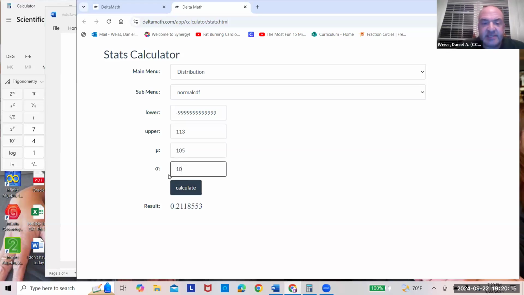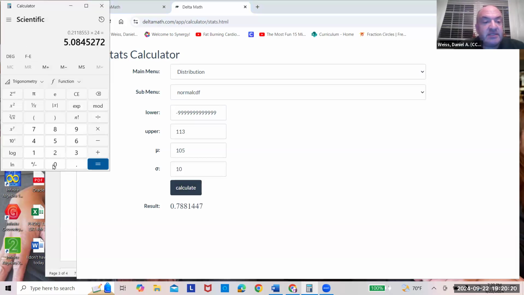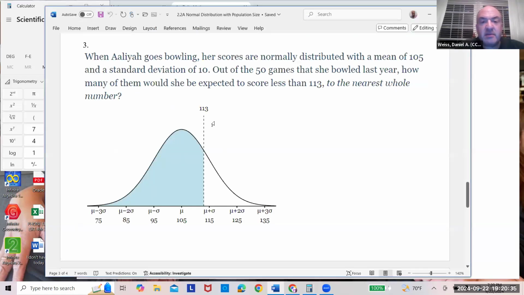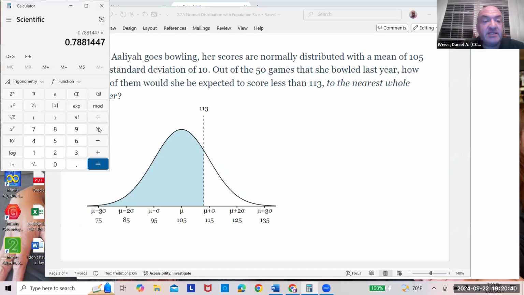We click calculate and we get 0.78814447 times how many are we dealing with? Out of the 50 games. So it's times 50 equals 39.4, which will round to 39 and will be your answer.